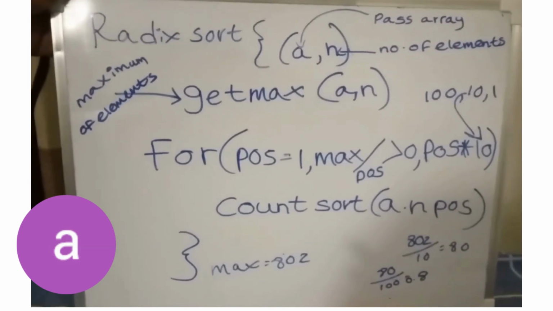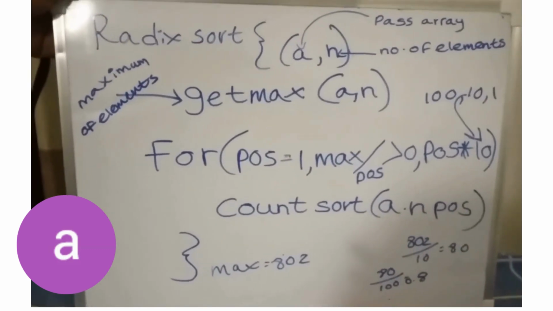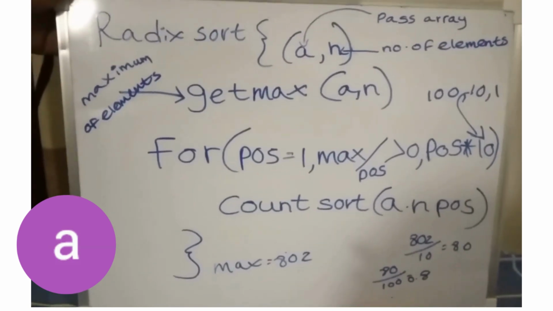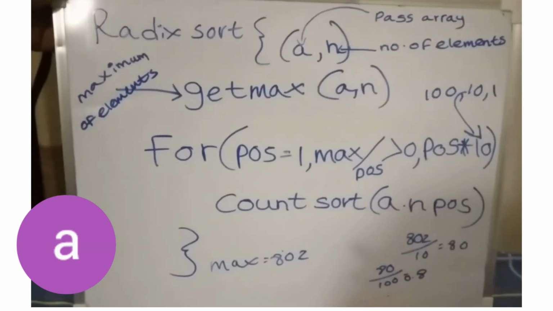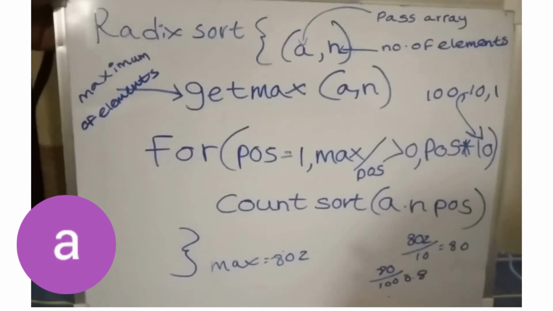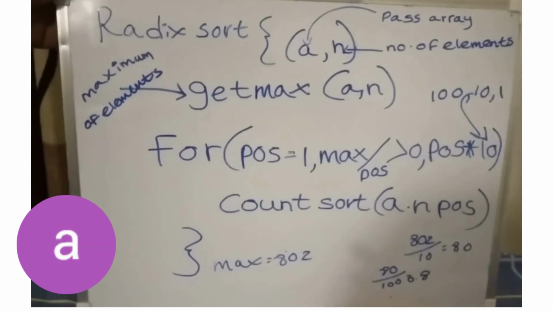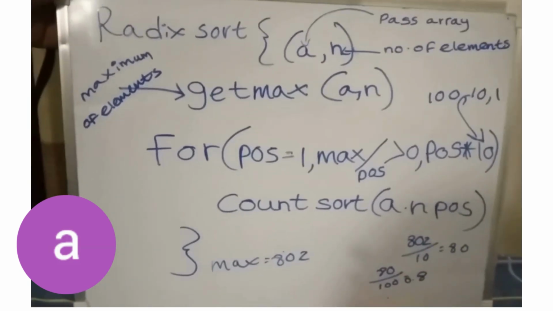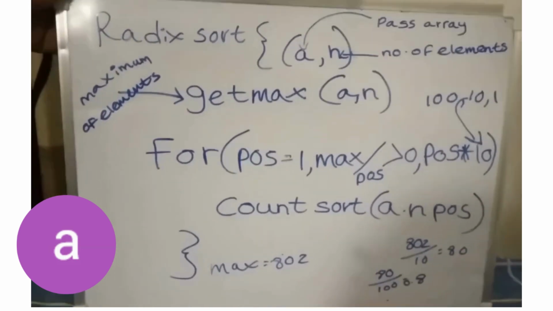Because our most significant number has only 3 digits. Think if your most significant number has 4 digits, you have to count for the thousands place also. So okay, let's move to the code.